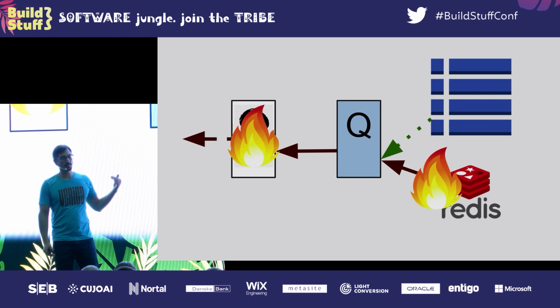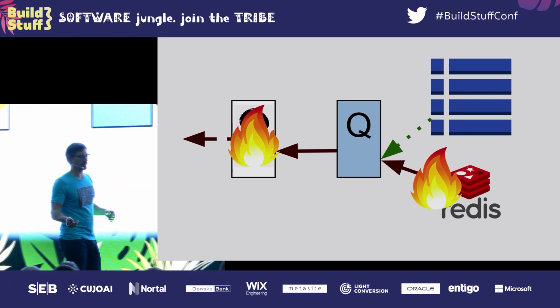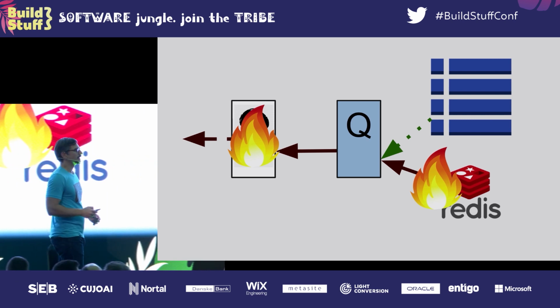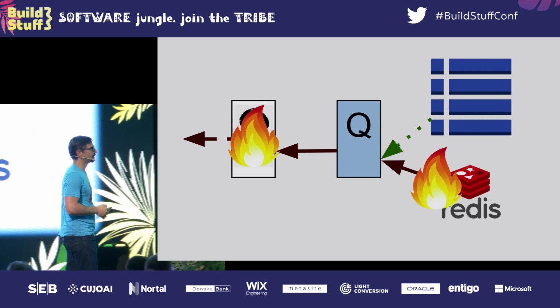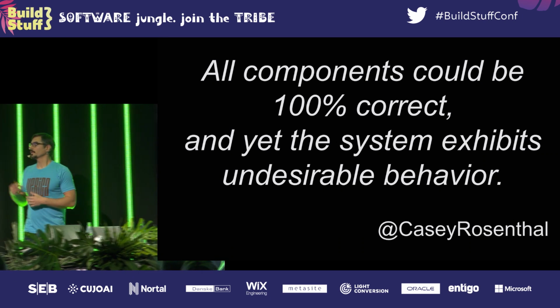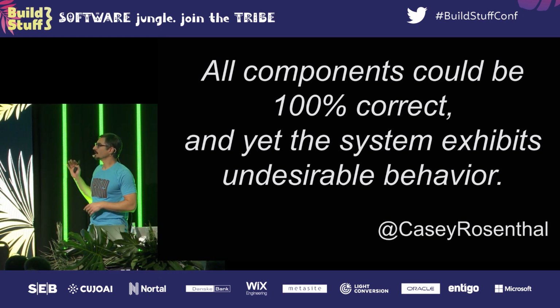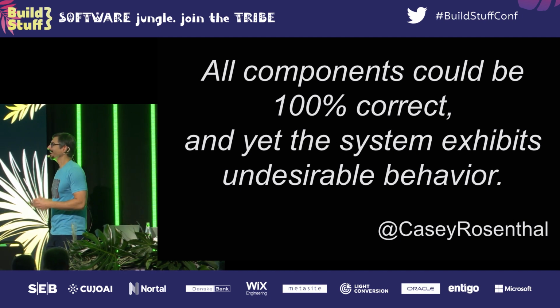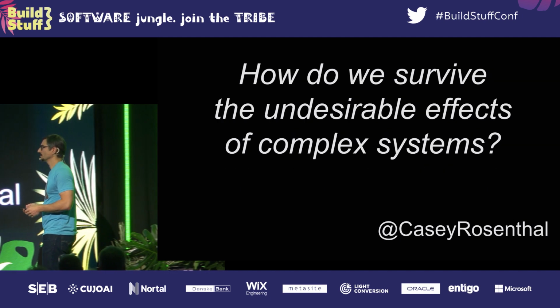And it makes perfect sense from Q's point of view that they would return a 404 if they can't talk to Cassandra, because that's what Cassandra does if it doesn't have a quorum. So these examples are fascinating to me because all components could be 100% correct, and yet the system exhibits undesirable behavior.